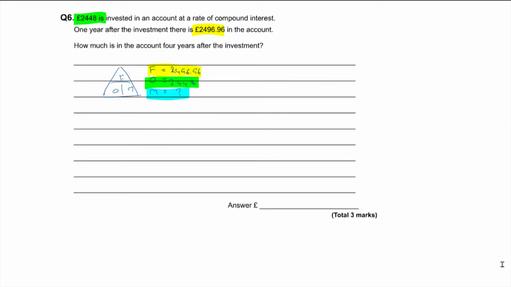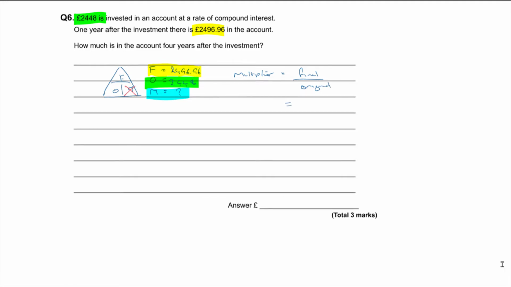So the first thing we're trying to find here is m, the multiplier. We want to work out what the annual interest rate is, and then we can do the compound interest afterwards. So the multiplier is equal to the final divided by the original.